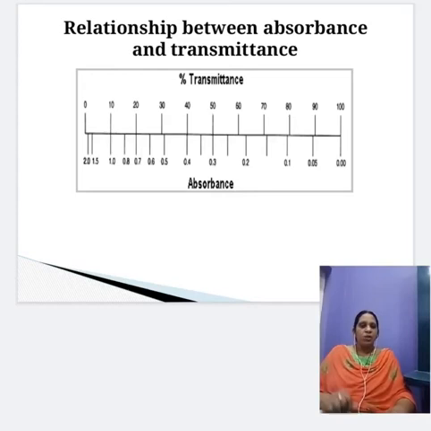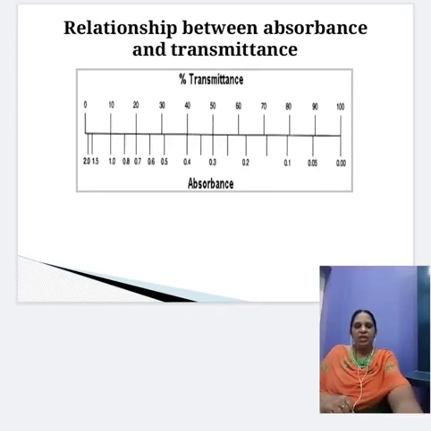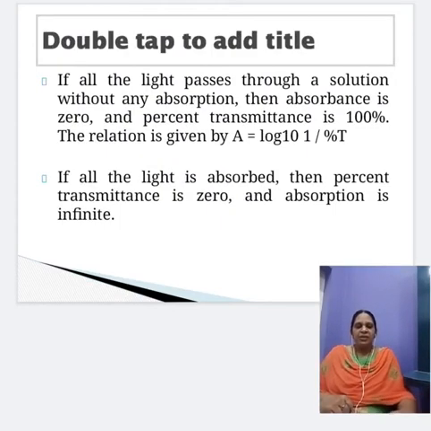So have you understood what is the relationship that exists between absorbance and transmittance? The relationship is A is equal to logarithm of 1 by percentage T to the base 10. Okay, have you understood the importance of calculating the percentage transmittance and absorbance?